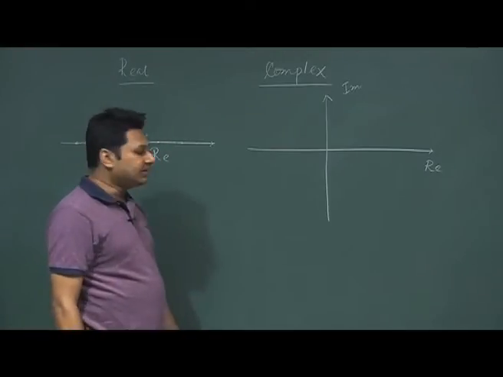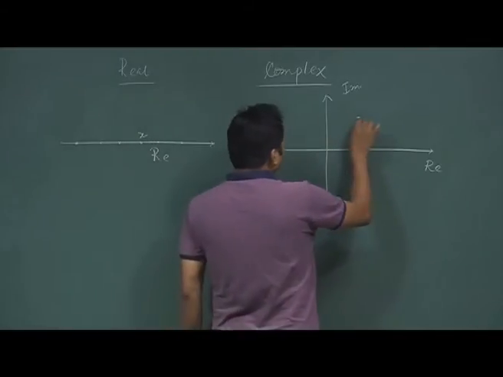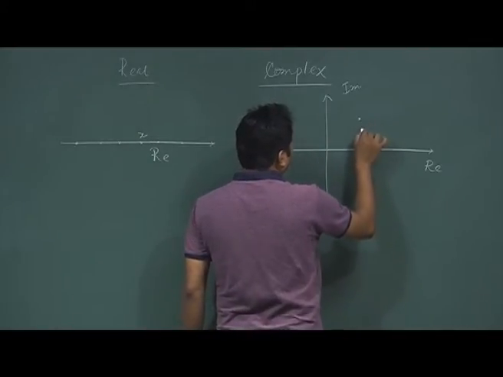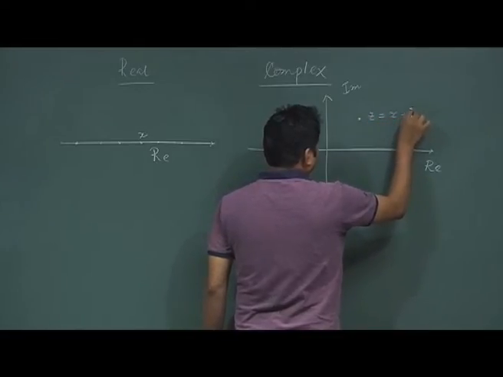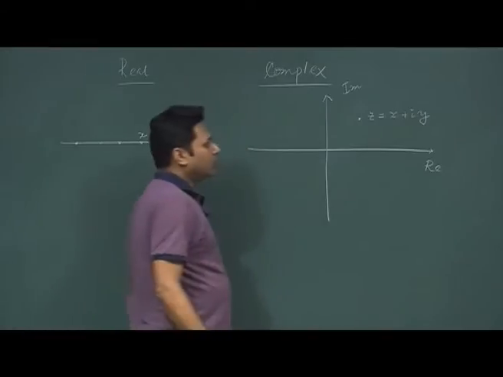A general point x is represented by a point on the real axis in real analysis, but in complex analysis things are slightly different. The point defined by z is not related to one coordinate, rather it is related to two coordinates, x and y.